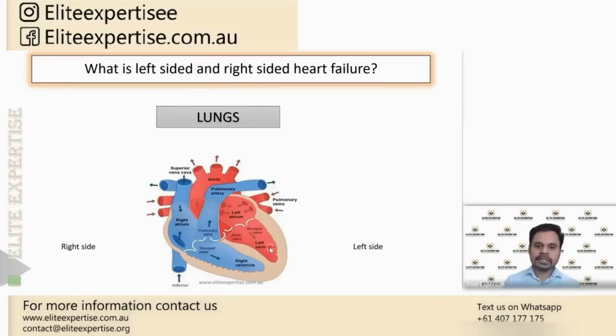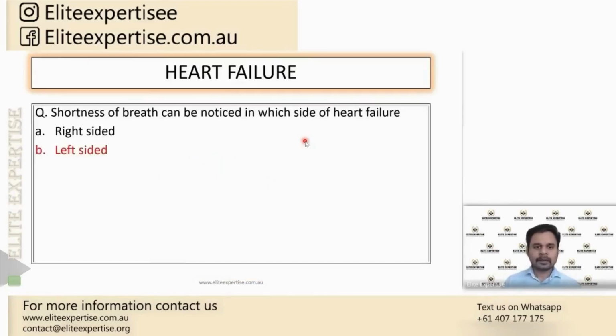In this way, as the percentage of the blood which is pumped out, which is the ejection fraction, gets reduced, the heart failure is classified as more severe.